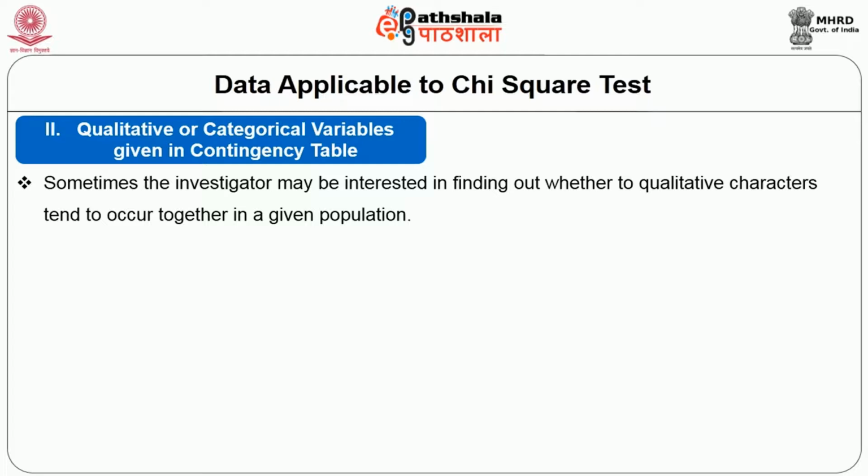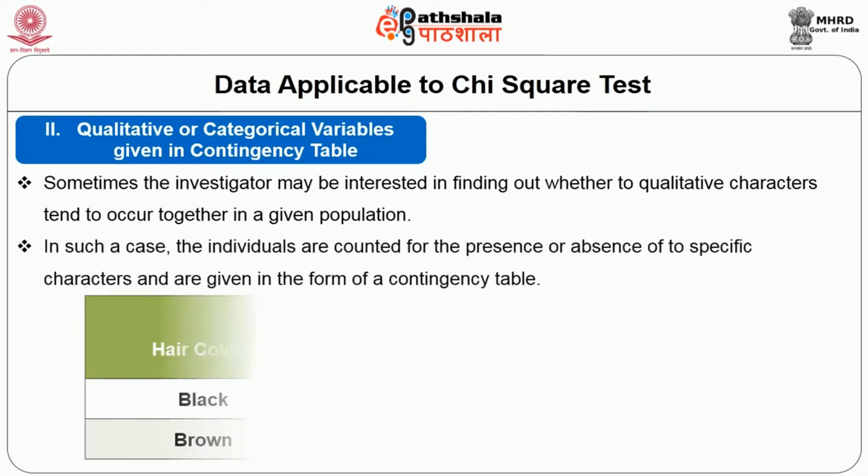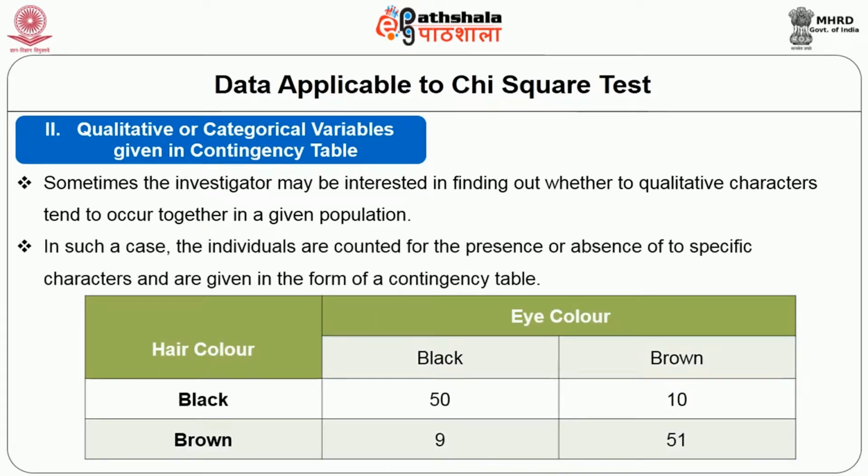The second one, qualitative or categorical variables given in a contingency table. Sometimes the investigators may be interested in finding out whether two qualitative characteristics tend to occur together in a given population. In such a case, the individuals are counted for the presence or absence of a specific characteristic and are given in the form of a contingency table.